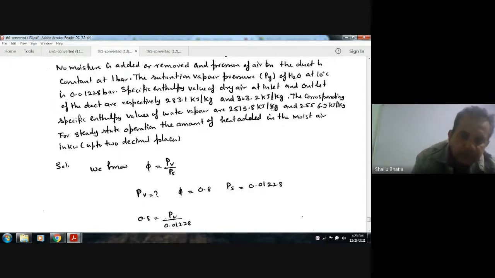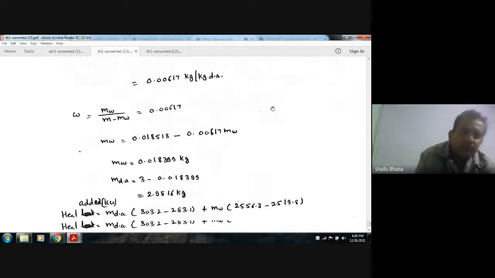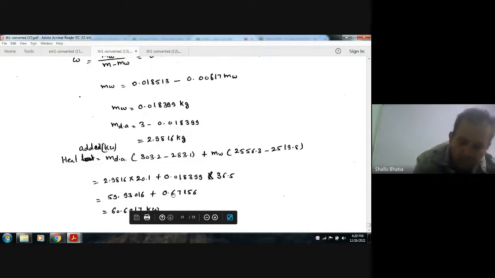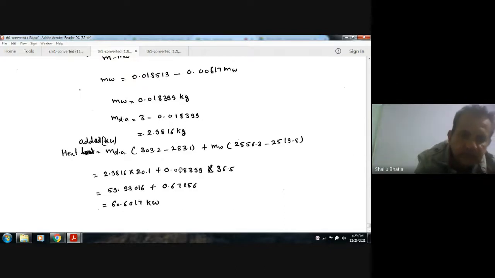From this you calculate the heat added, which will be the summation of these two: the change in enthalpy of dry air and the change in enthalpy of the water vapor. So this comes out as 60.617 kilowatt.